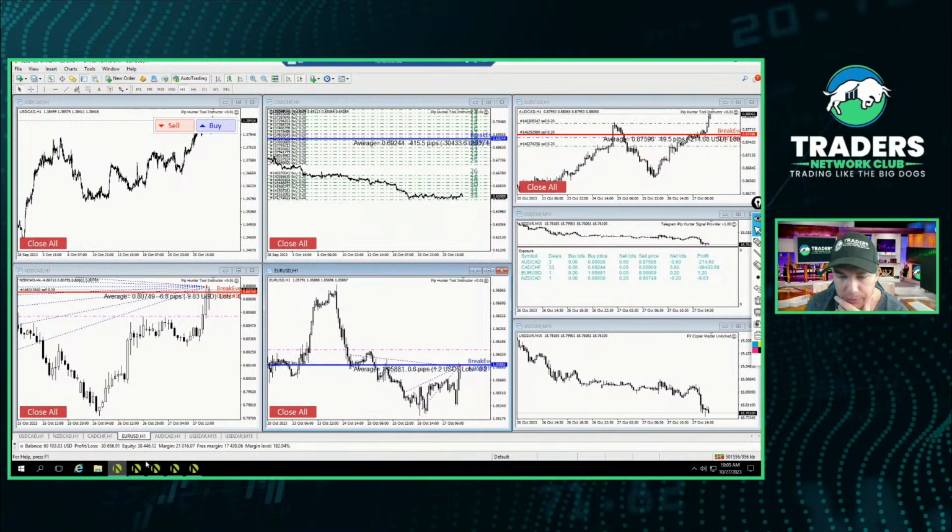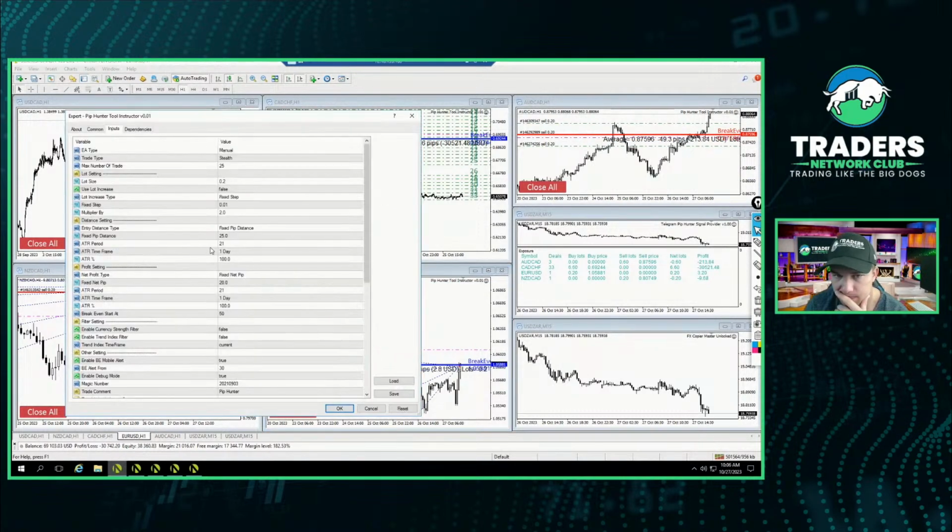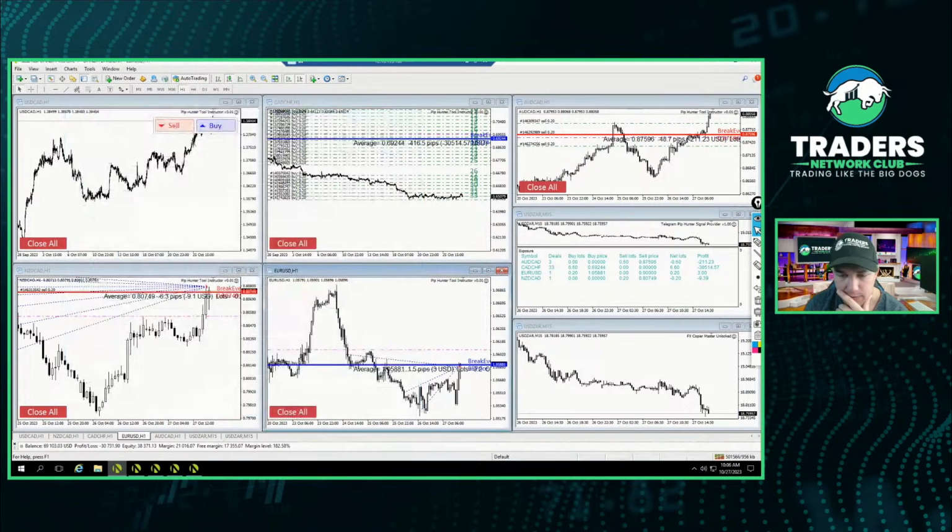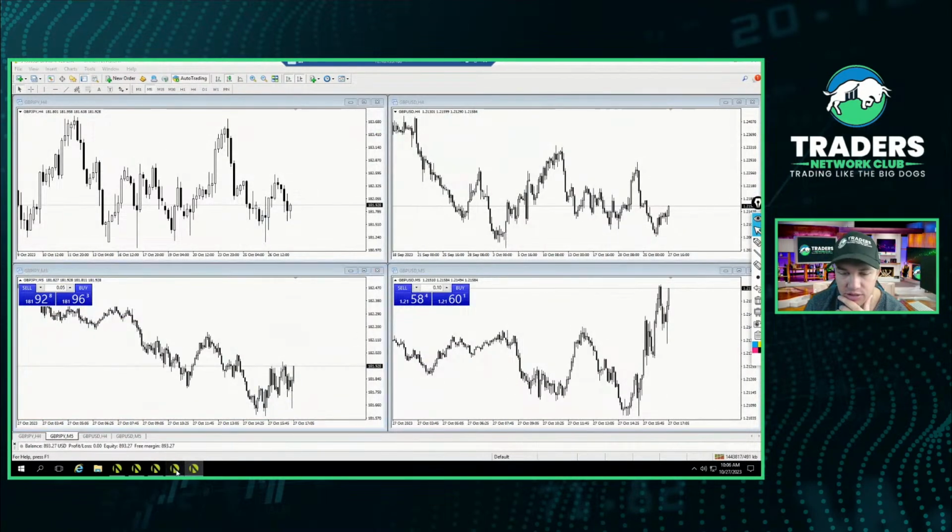And what we might do is hedge the USD CAD and the Euro USD. I was just making sure my adjustments were correct.